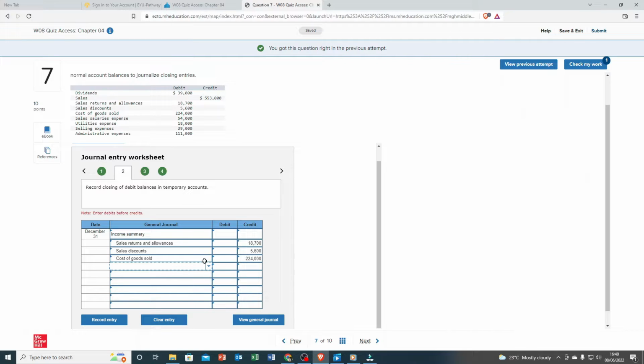After cost of goods sold, we're going to have salary expenses. Then we put the figure for it. How much was it? It was 54,000.